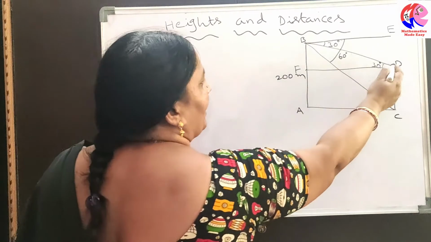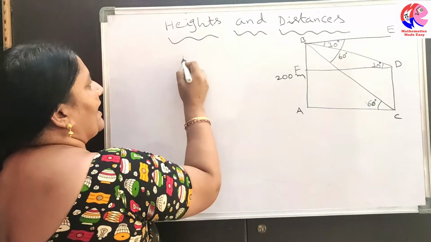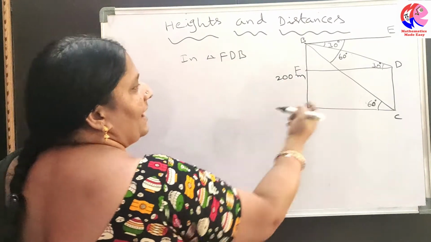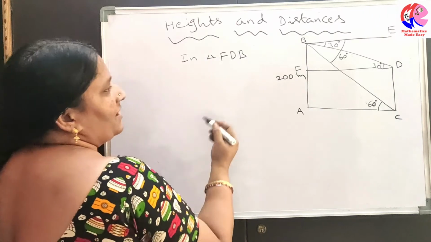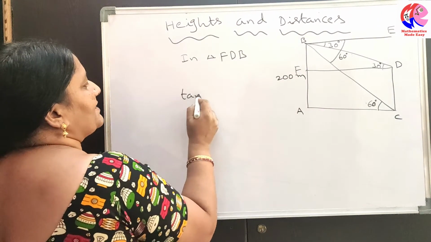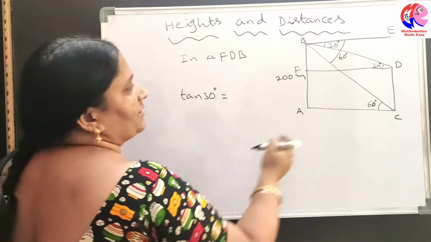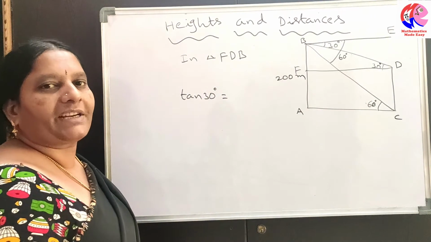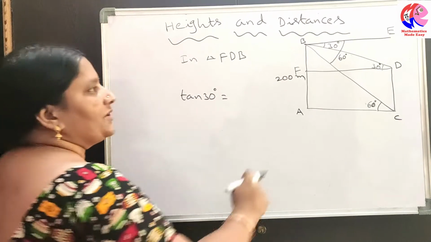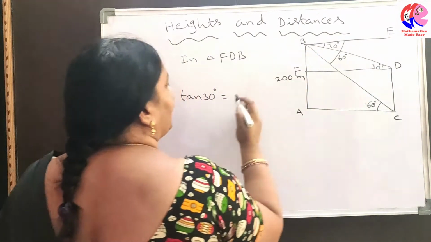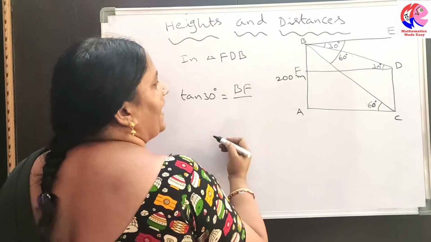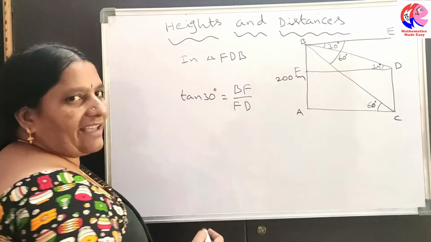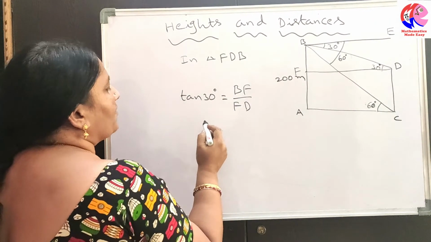First consider the triangle FDB. In triangle FDB, angle at D is given. So let us take tan 30 degrees. We know that tan theta is opposite side to theta by adjacent side to theta. So for 30 degrees, opposite side is BF by adjacent side is FD. But we know that tan 30 degrees is equal to 1 by root 3.